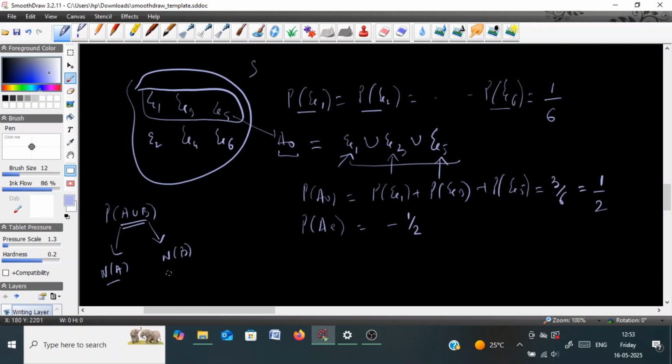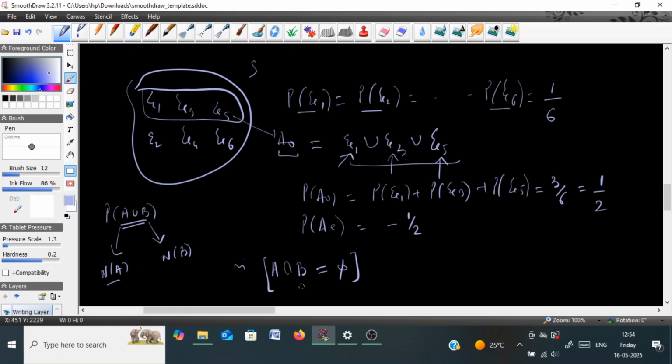And if A and B are mutually exclusive, or we call it disjoint, that is A intersection B is basically the empty set phi. That is, they don't have any common point.